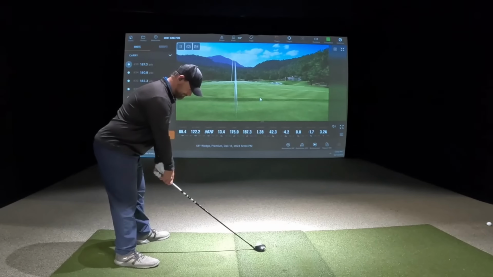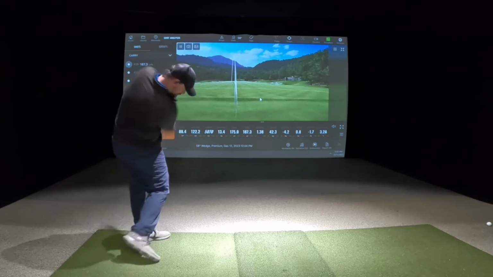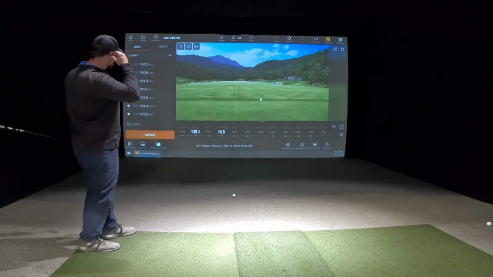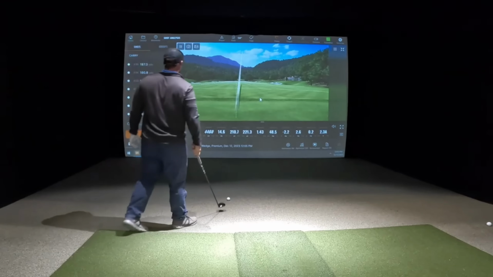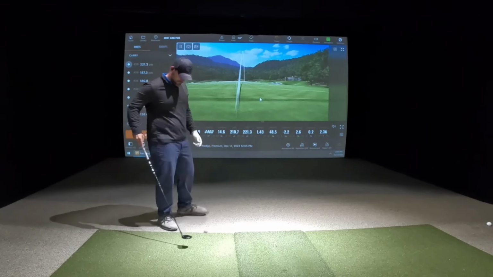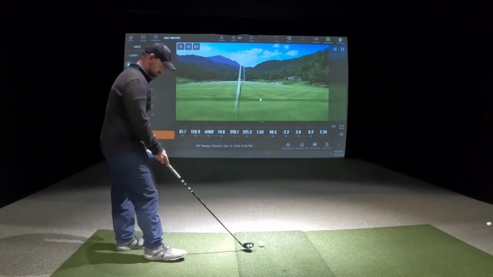So I would say that the consistency of the strike is probably one of the most important elements of a golf swing. For those of you using an indoor simulator and trying to get your swing speed up, that's great, but make sure you're paying attention to smash factor.